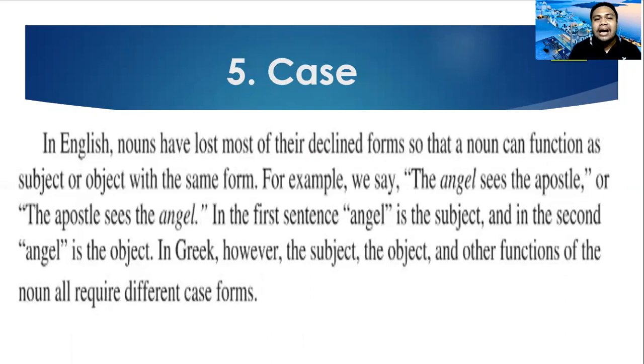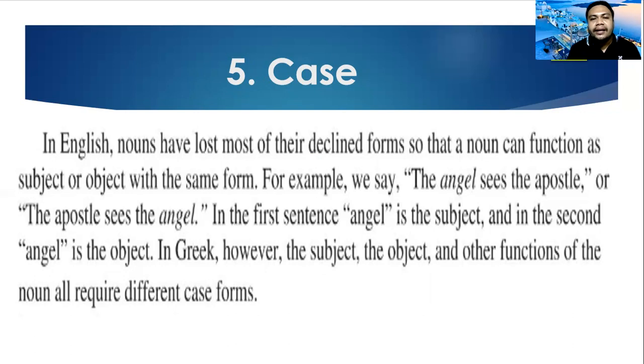In English, nouns have lost most of their declined forms so that a noun can function as subject or object with the same form. So in English, you can see a word, for example, the word man. It could be the same, man. Either it is a subject or an object, it is still the same.